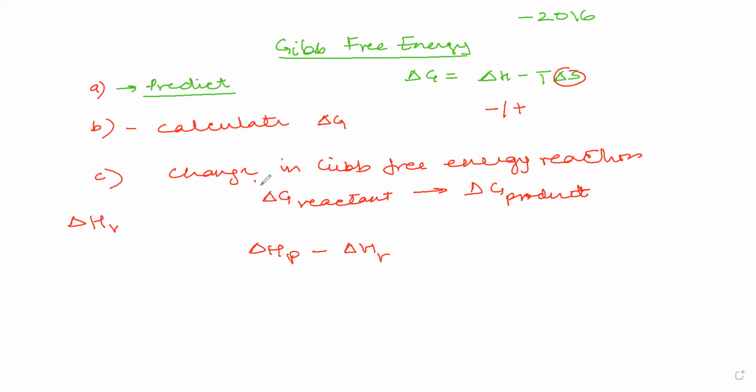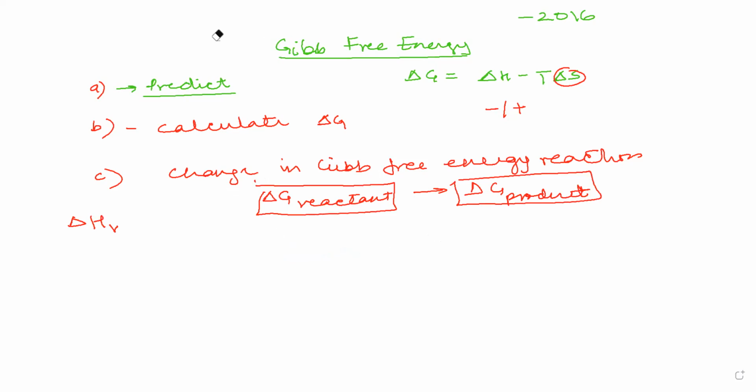Similarly, if the Gibbs free energy of the reactants and of the products are given to you, you can easily calculate the Gibbs free energy change for a reaction using the same approach. So delta G for a reaction will be the Gibbs free energy of the products minus the Gibbs free energy of the reactants. Okay, when you subtract the two values, you will be getting the Gibbs free energy change for that reaction.